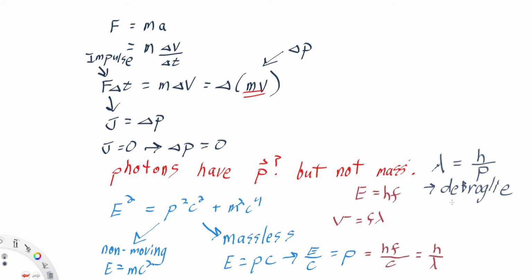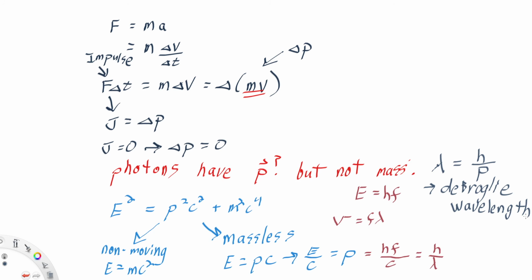And this is, in fact, how we define the wavelength of things like electrons, protons, neutrons, baseballs. It's pretty wild stuff.